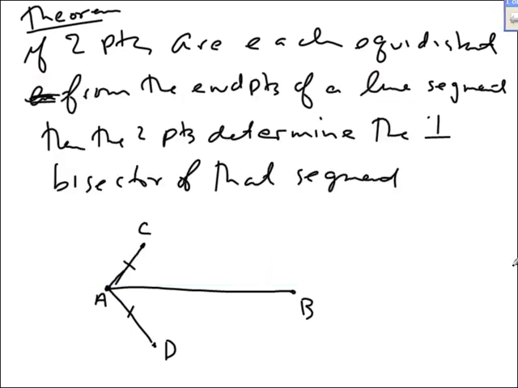But the 2 points are equidistant not from an endpoint, but from their endpoints. That is, this distance and that distance, they must be equal. Okay, so that's what the if part says. Then it says the 2 points determine the perpendicular bisector.